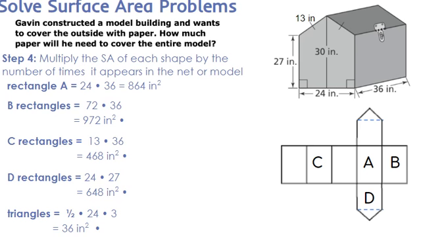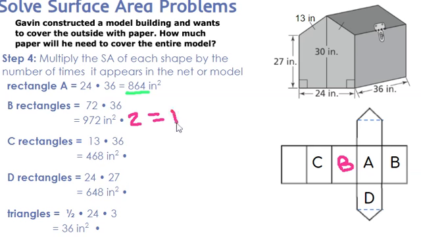In step 4, remember, I need to figure out the total surface area of each one of these shapes. So rectangle A only appears once at the very bottom, so the total surface area there is 864 inches squared. But now I need to move on to my other shapes. So rectangle B, I have 2 of them, so I need to multiply that surface area that I got for rectangle B by 2.